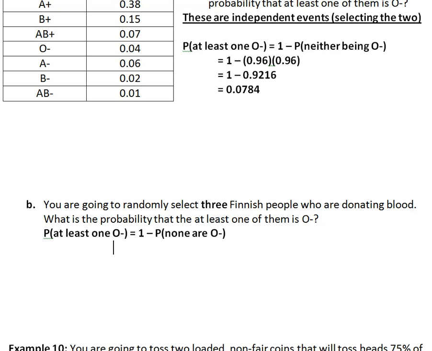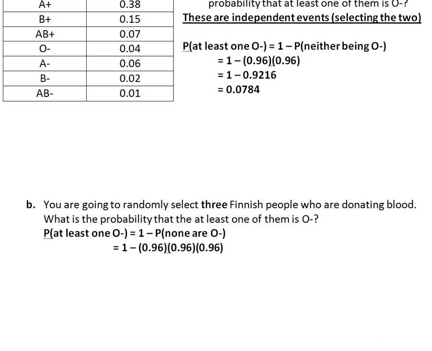So using the same techniques as above, it's 1 minus 0.96 times 0.96 times 0.96. Another way we could say it is 1 minus 0.96 cubed, 1 minus 0.96 to the power 3. You could type that into your calculator and do it that way.